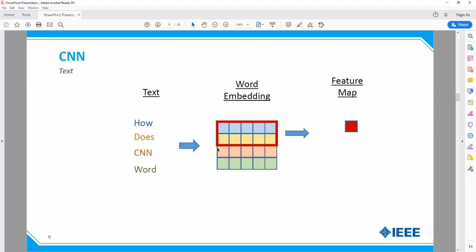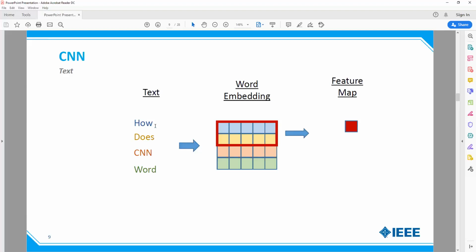In this case, we have a 2 by 5 kernel. And again, very similar to convolution, it does pairwise multiplication and summation just to get a scalar unit vector for these two words.